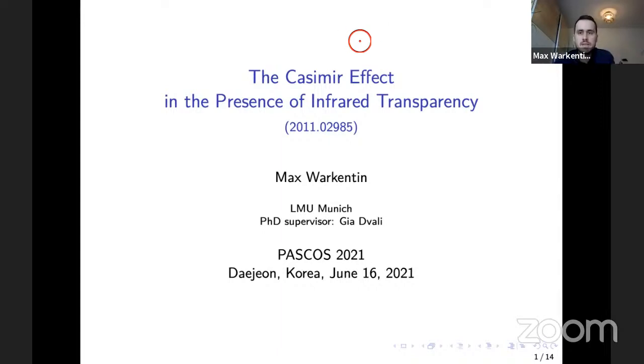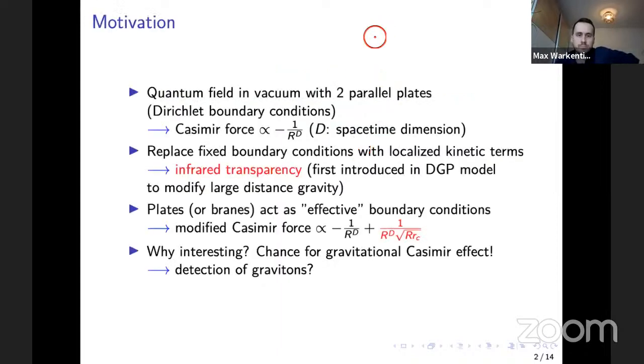My talk is based on my recent work, and I put the arXiv number here. Let me start by giving you a short summary of what this talk will be about. Probably all of you are familiar with the Casimir effect. We consider a quantum field in the vacuum in the presence of usually fixed boundary conditions.